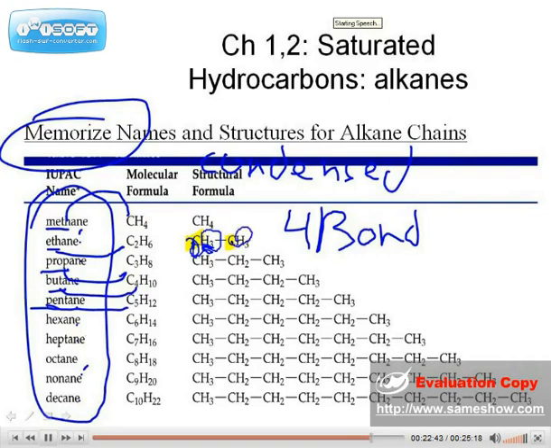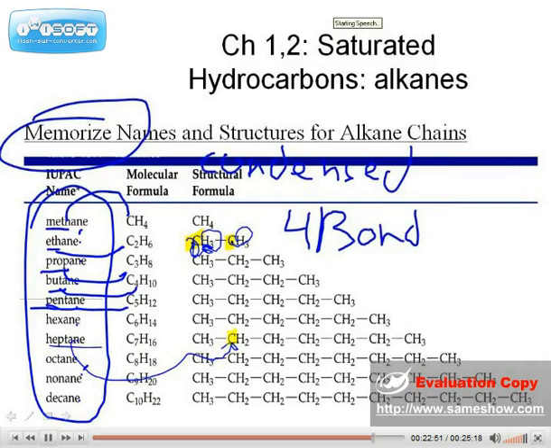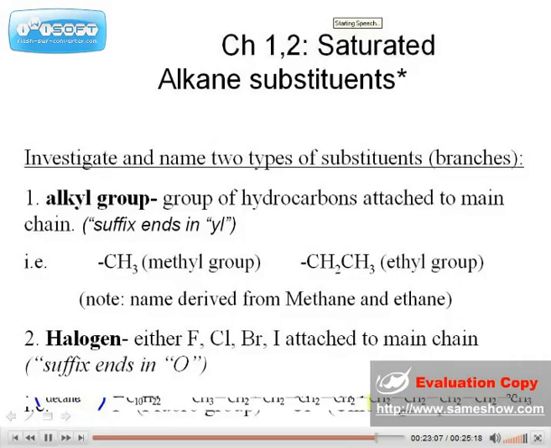If we take a look at heptane, for example, a middle carbon is attached to 2 other carbons. So, obeying the 4-bond rule, there are 2 bonds left which are attached to hydrogens. So you need to memorize these parent names and these structures.